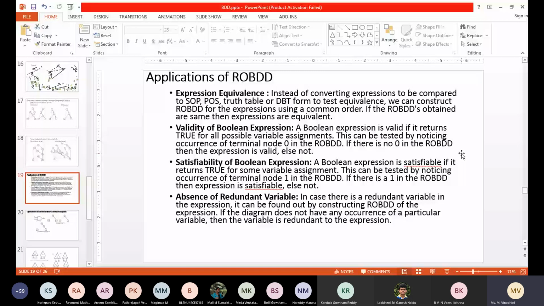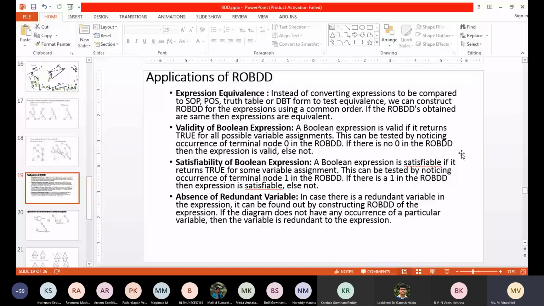So we can draw the ROBDD for a given Boolean expression and check whether both ROBDDs are the same with respect to the appearance, the variables inside the nodes and the values inside the leaf nodes. You can compare and decide whether they are equivalent or not.